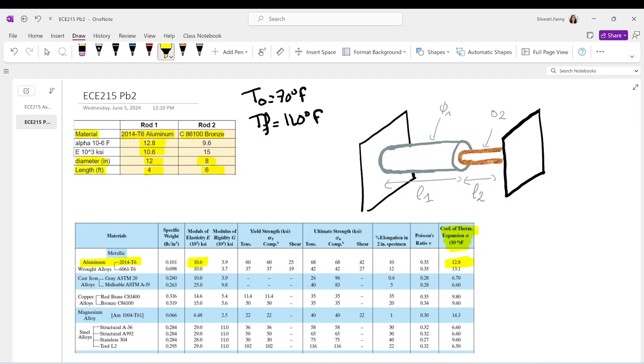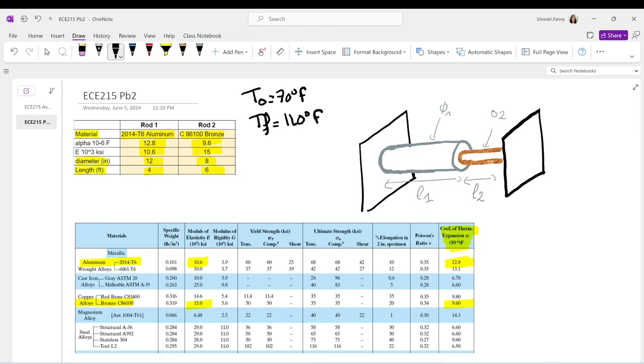Same thing for the bronze, the C86100 bronze: Young's modulus 15, and coefficient of thermal expansion 9.6. So that's where all those data are coming from. They are not provided. You have to find them in your table of properties of materials.